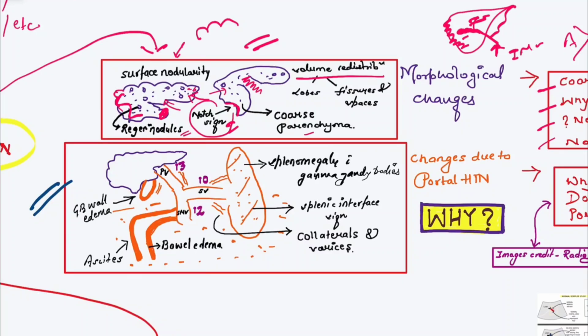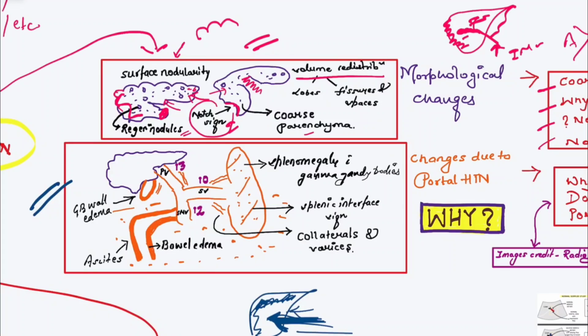So first of all, the question is why is there portal hypertension, because this is the liver, this is the portal vein. Portal vein carries blood towards the liver from the GI tract. But when this liver becomes coarse, the pressure within the liver increases and thus the portal vein cannot send its blood in this direction.